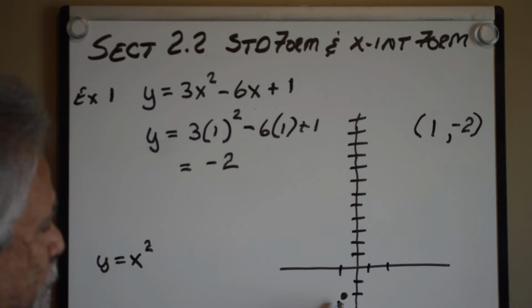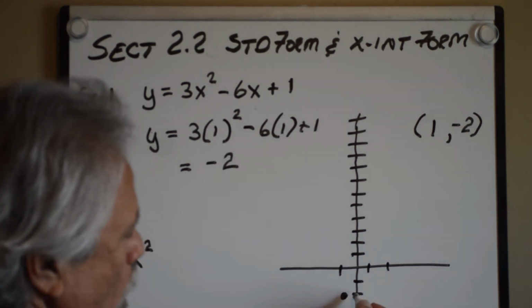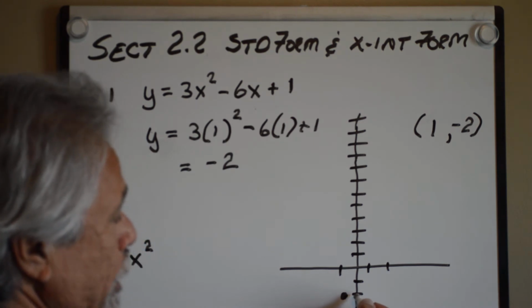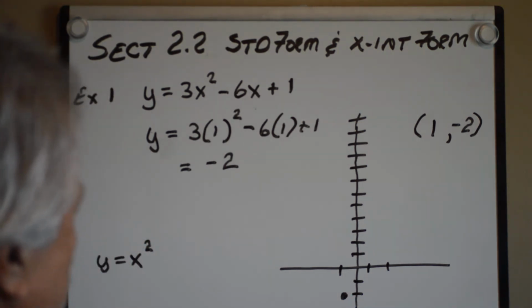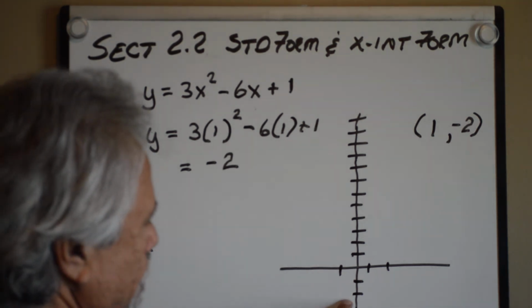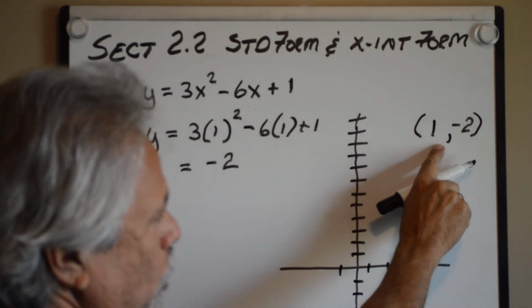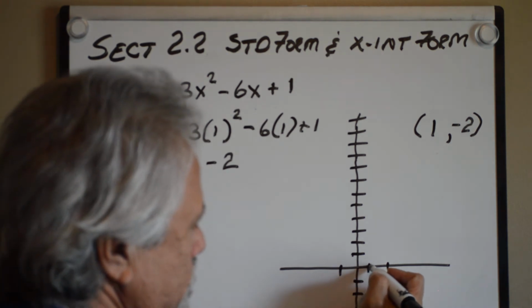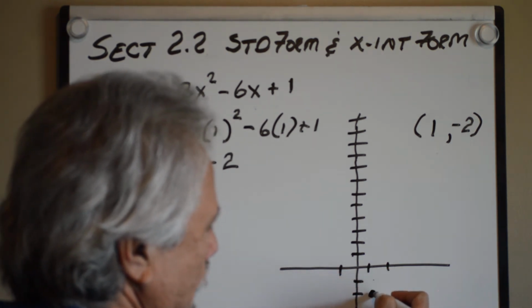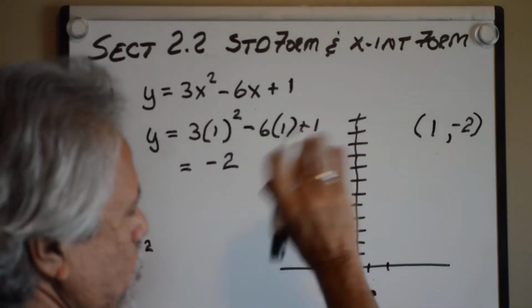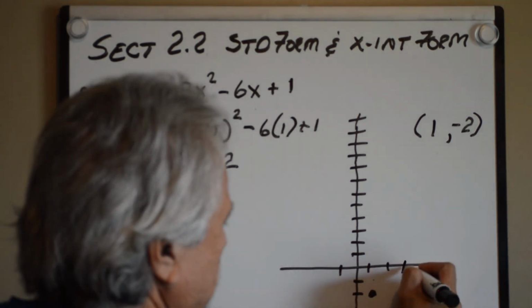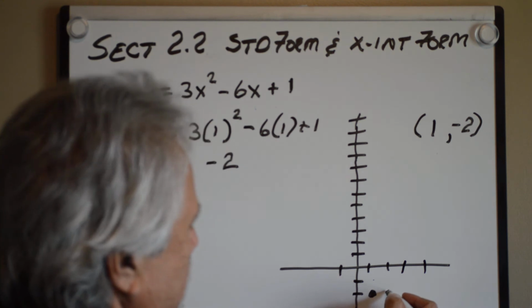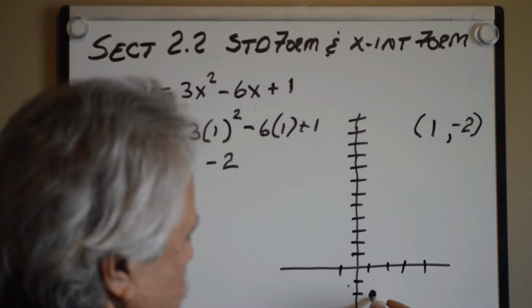So, from here, when x is 0, y is 0. When x is 1, y is usually 1, but now it is negative 1. I'm sorry, I did this wrong. It is a positive 1, negative 2. I need to come up this way. Okay, so when x is 1, y is going to be a negative 2.